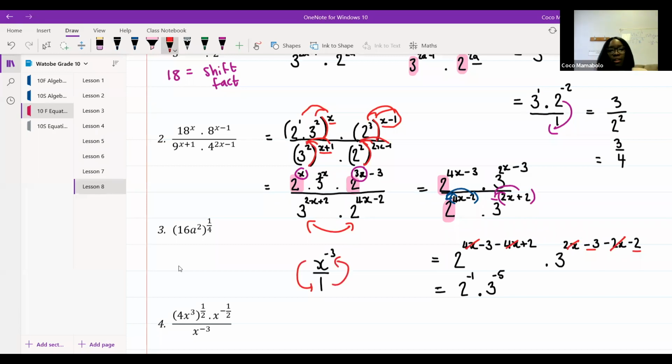I'm going to take the 1 to the top and bring the x to the bottom. And then I'm just going to make the sign positive. So I'm going to take this whole thing, put it over 1. And then I'm going to invert them both because they're both negative. So this will equal 1 over 2 to the power of 1, which is just 2, multiplied by 3 to the power of 5. Okay.